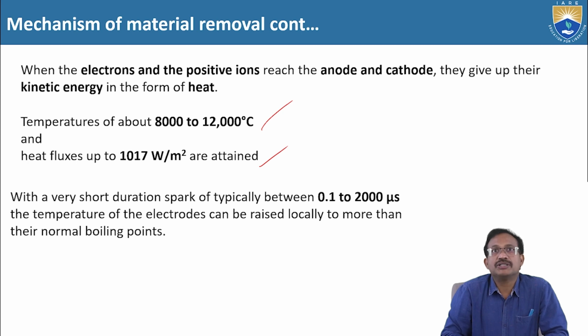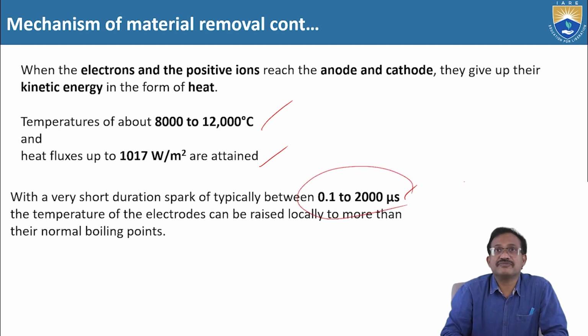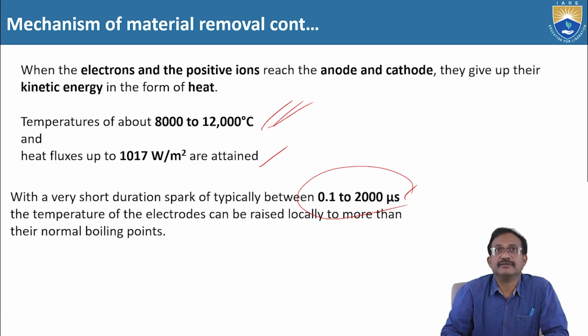With a very short spark duration, typically between 0.1 to 2000 microseconds, the temperature of the electrodes can be raised locally to more than their normal boiling points. So in a very fraction of a second, the temperature will be raised up to 8000 to 12,000 degrees centigrade.